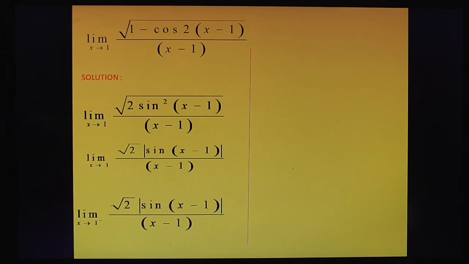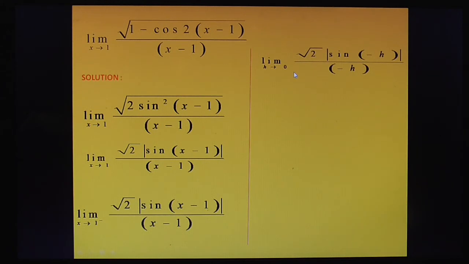Now observe the very interesting simplification here. For the limit x tends to 1 minus, root 2 mod sin (x minus 1) by (x minus 1), I am taking this x minus 1 as h. The mod is there, and this is 1 minus. Therefore, limit h tends to 0.